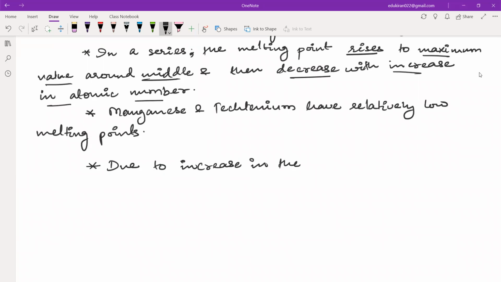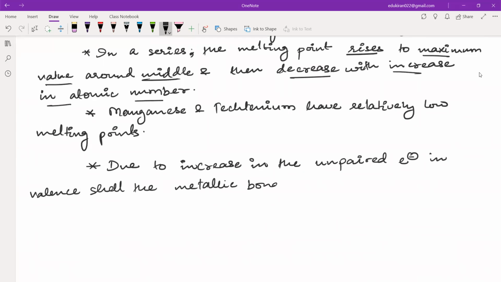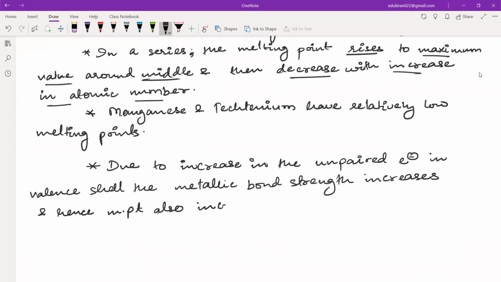Due to the increase in unpaired electrons in the valence shell, metallic bond strength increases. Hence, melting point also increases.